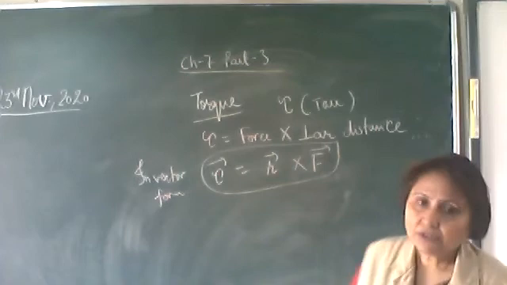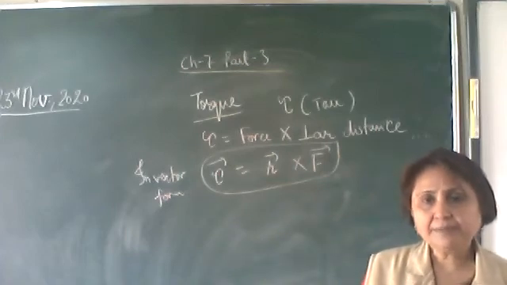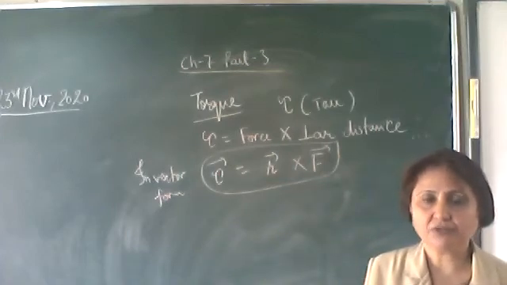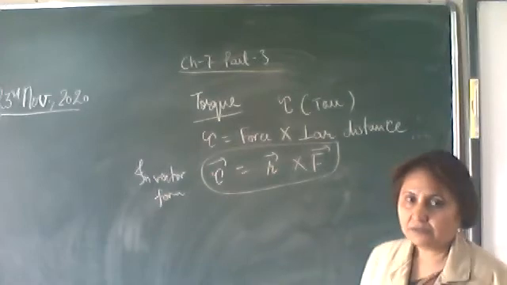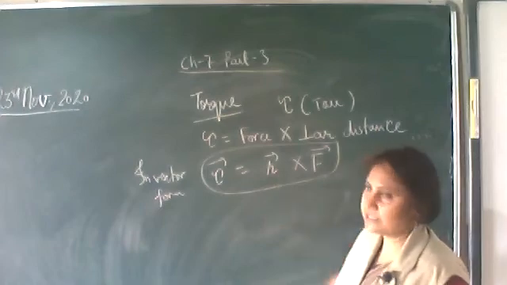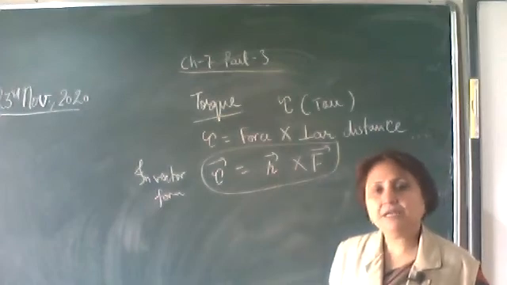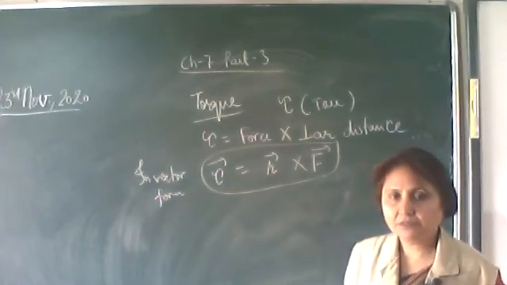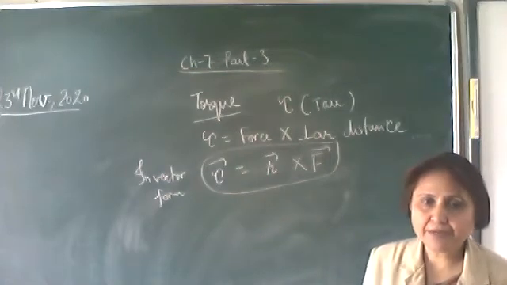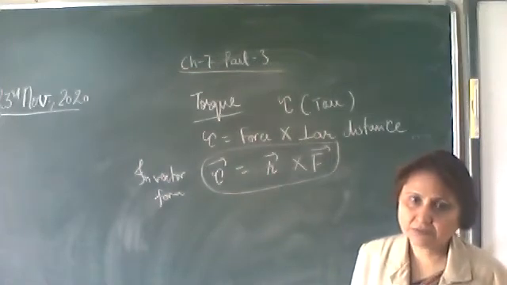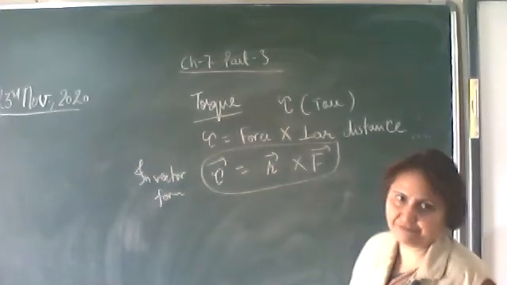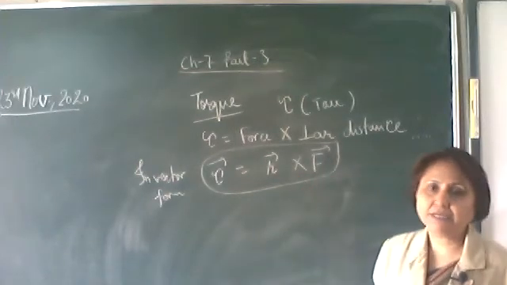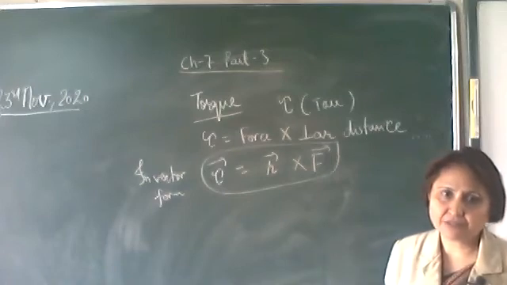So write down: tau is a vector quantity, and its direction is perpendicular to the plane containing r and f vectors.